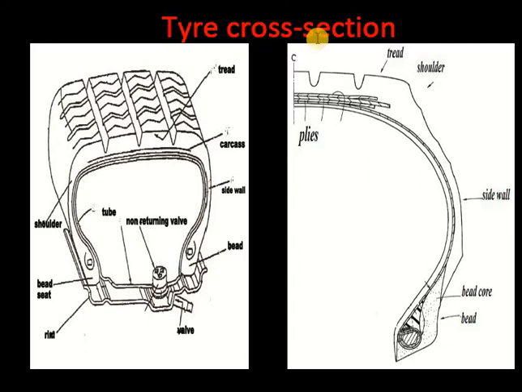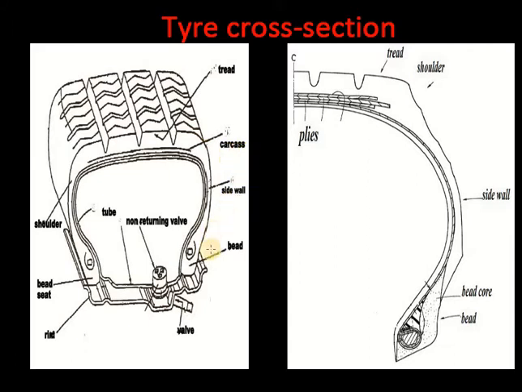Tire cross section: the first figure shows the bead inside the wheel rim. This is the bead, the shoulder, and the tube inside. We can provide different types of tread as per the requirement of the environmental conditions.